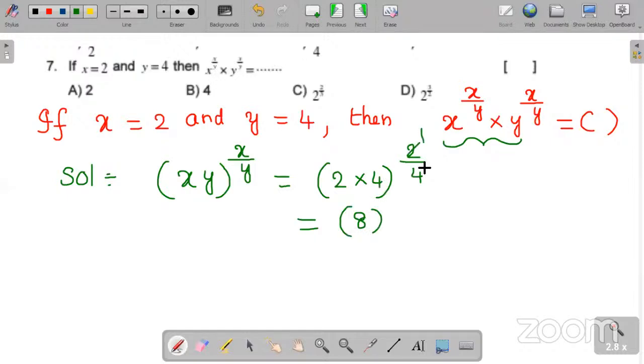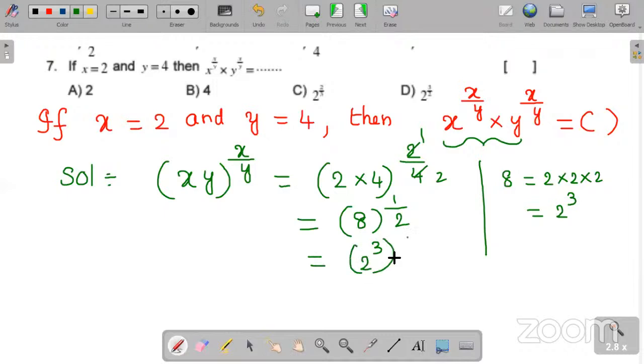This is 2 1 ja, 2 2 ja, 1 upon 2. Again, my dear students, 8 is equal to, we can write 2 2 ja 4, 4 2 ja 8. This is 2 cube. We can write this form. Now 2 cube all to the power of 1 upon 2. Now 3 multiplied with 1 upon 2. This is 2 to the power of 3 by 2. This is the answer.